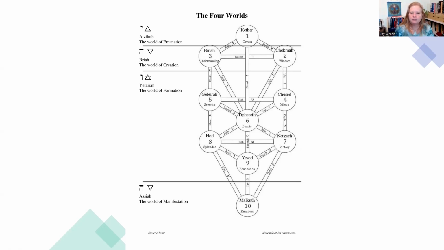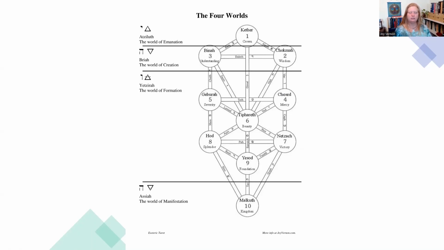And so then below that, the next six all go into the world of Yetzirah. Hesed, Gevurah. Hesed is mercy, Gevurah is severity, Tiferet is beauty, Netzach, victory, Hod, splendor, Yesod, foundation. All of those go together in that world of formation when we're figuring everything out.